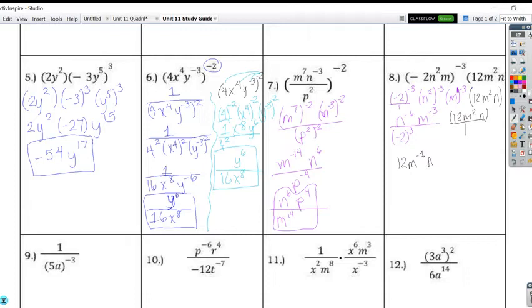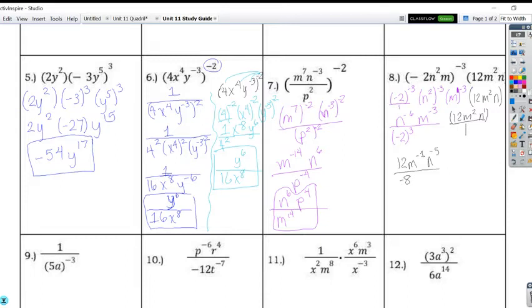And my n value, it's a negative 6 exponent and an invisible 1 exponent. So add those, multiply bases of n, add the exponents. Negative 6 plus 1 makes negative 5 over. And what do we have in that denominator there? Our negative 2 that was raised to the third power is going to give us a negative 8.